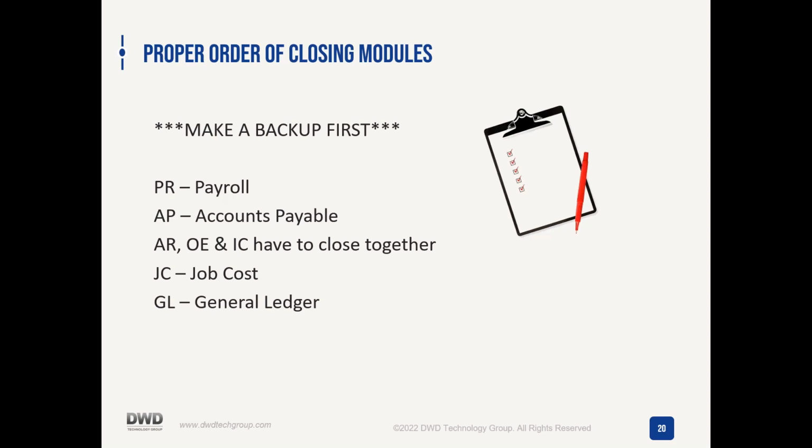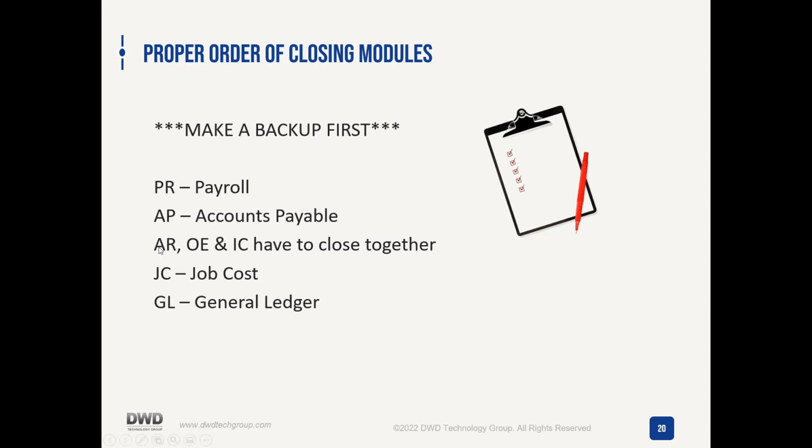If my system settings allow for historical posting or posting backwards, I'm allowed to do that. But if I'm in November and I have an invoice for January of the next year, I cannot post that until I get closed at least into December.